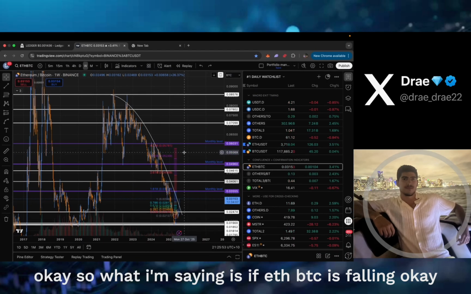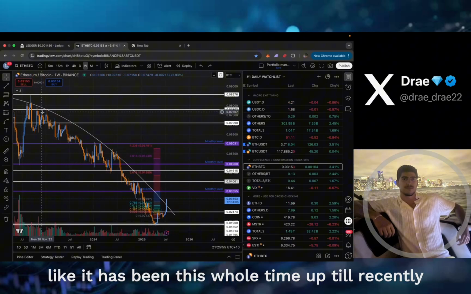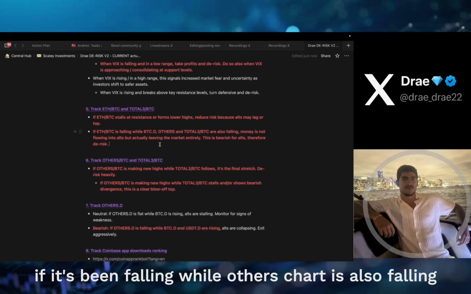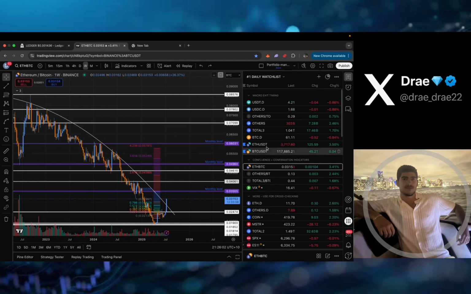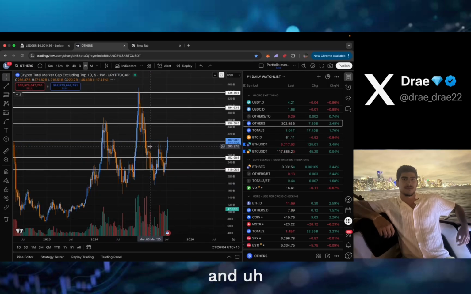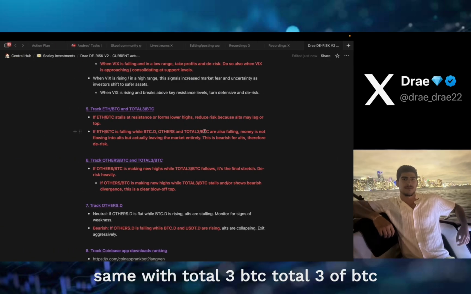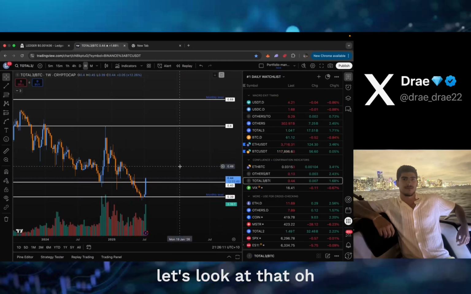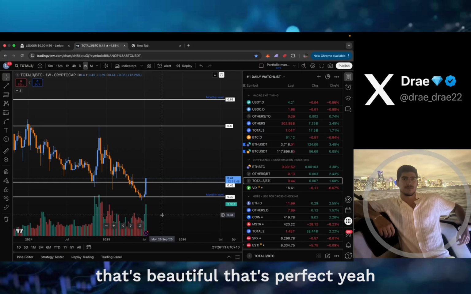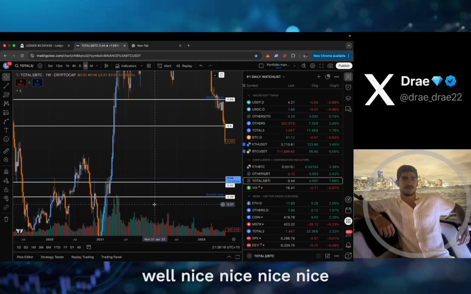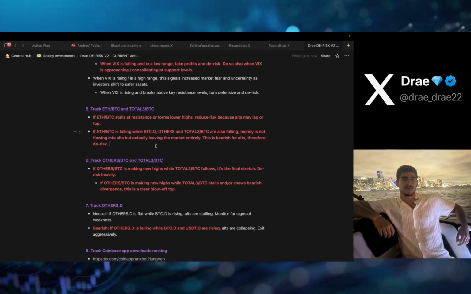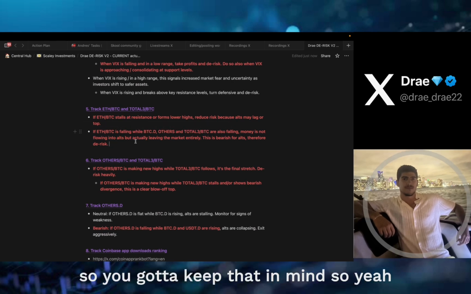What I'm saying is, if ETH BTC is falling, like it has been this whole time up until recently, while the others chart is also falling, and same with total 3 over BTC. I haven't looked at that in a while. Let's look at that. Oh, look at that reaction at that monthly level. That's beautiful. That's perfect. So if they're all falling simultaneously, that means money's not flowing into alts. So you've got to keep that in mind.